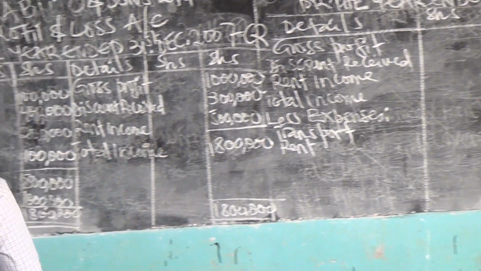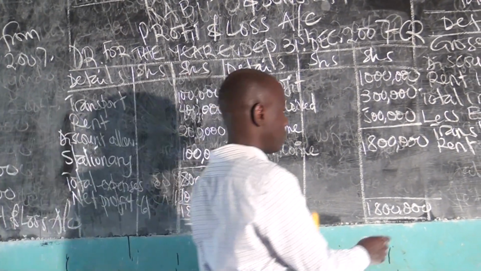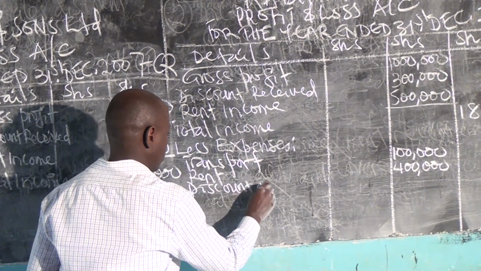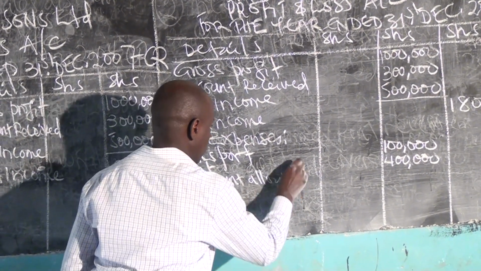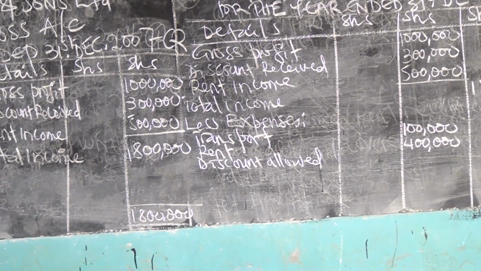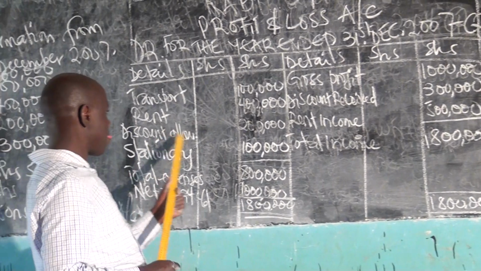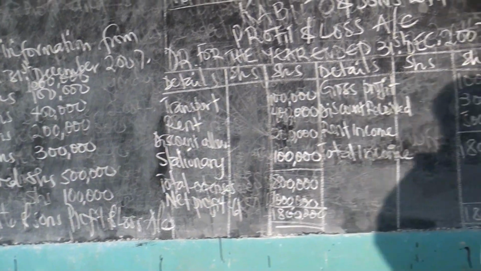And then we add on discount allowed. Discount allowed, some people call it sales discount. It is the discount given to customers by the business. Discount allowed 200,000.